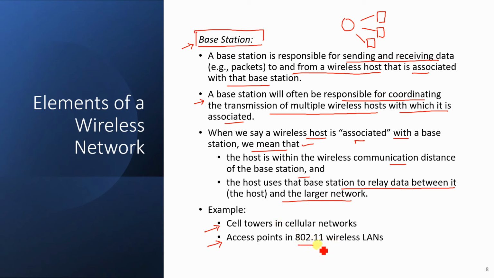We are going to discuss that in detail. But for the time being, just understand that there will be an access point through which your device communicates with other devices. So that is actually referring to a base station.